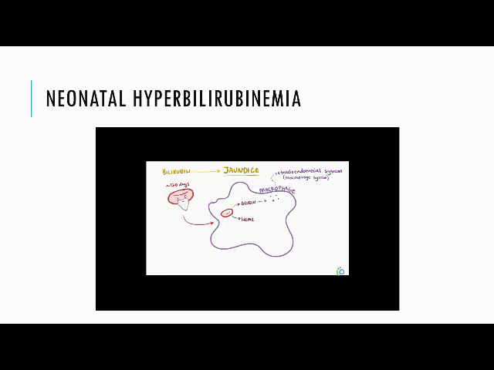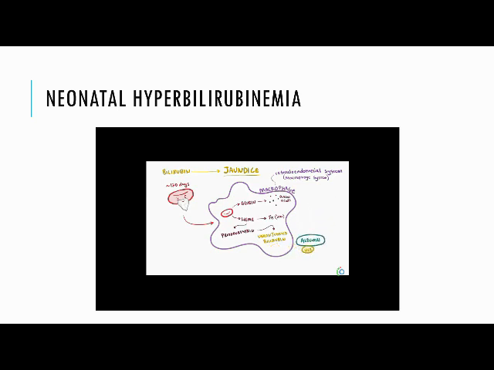The globin is further broken into amino acids. The heme, on the other hand, is split into iron and protoporphyrin. Protoporphyrin is then converted into unconjugated bilirubin, or UCB for short. Unconjugated bilirubin is the form of bilirubin that's lipid soluble, meaning it's not water soluble, right?